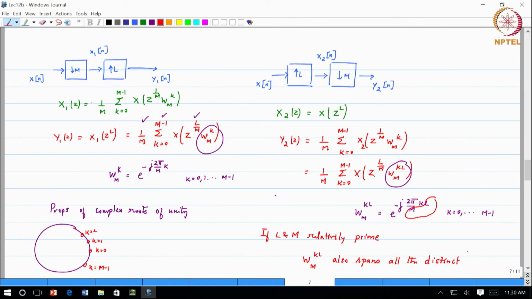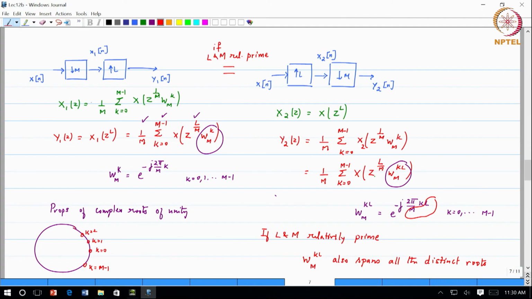So, in other words, that is the only condition under which they will span, because if L was a factor of M, or if they had a common factor, you will find that it does not span all the roots of unity, it will only span a subset. So, a very interesting result emerges: these two may be equal. We do not know, but you have to check for different values of M, and the equality holds if L and M are relatively prime.